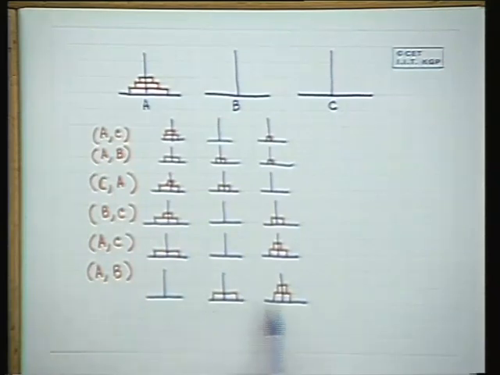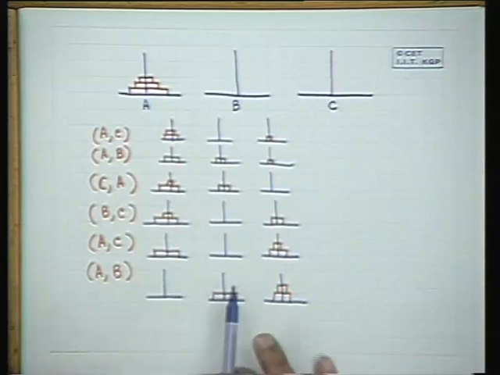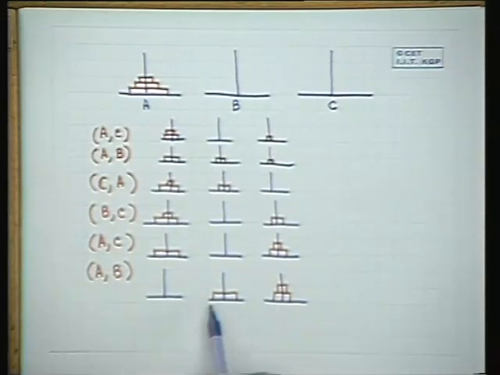But this is very interesting, because at this point I know I can forget about this fellow. All I have to do is move these two here, which is similar to moving 2 disks from one peg to another, something which we have solved before, isn't it? Because now I need not touch this one. So I have just to move these 2 disks back here, for which I have done that problem before.